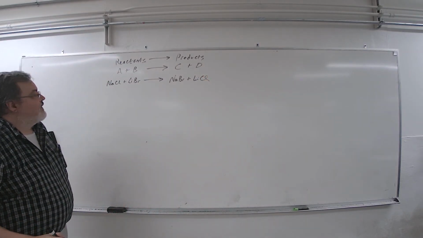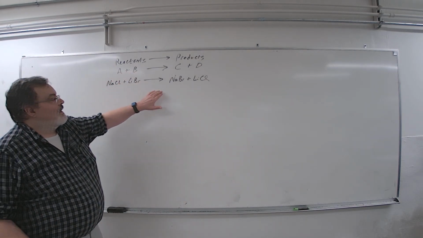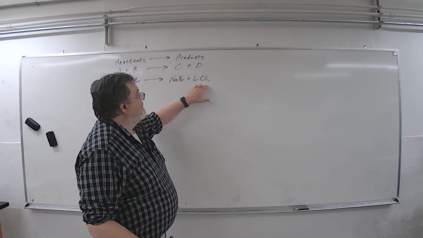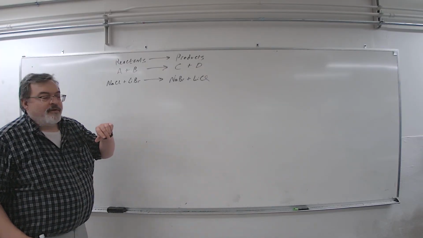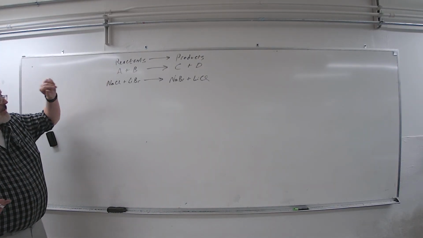Just to keep it simple. NaCl is A, LiBr is B, NaBr is C, and LiCl is D. So this is just kind of like in general. So just so I can talk about this.